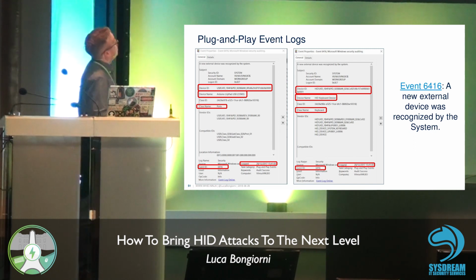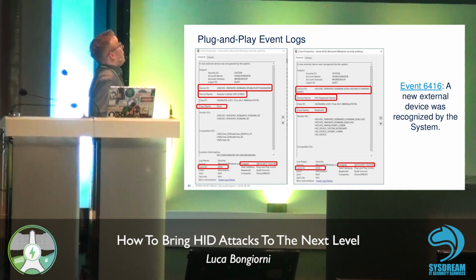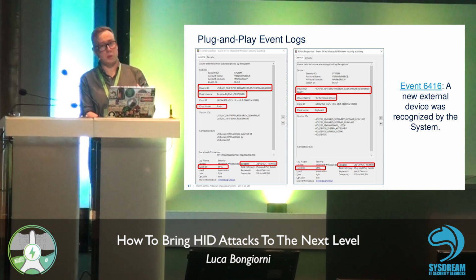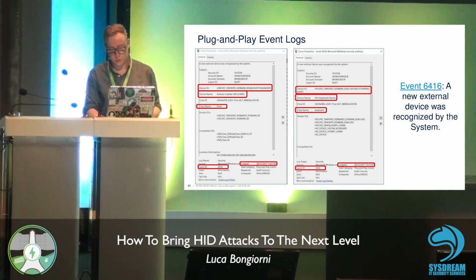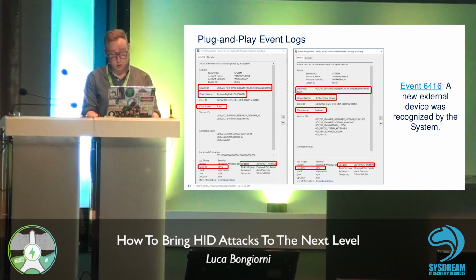This is very good because it gives a lot of information like device name, class name, VID, PID, timestamp. So it's always good, especially if you use Sysmon and Splunk and detection systems, even sending remotely. This event log is very good for detection.